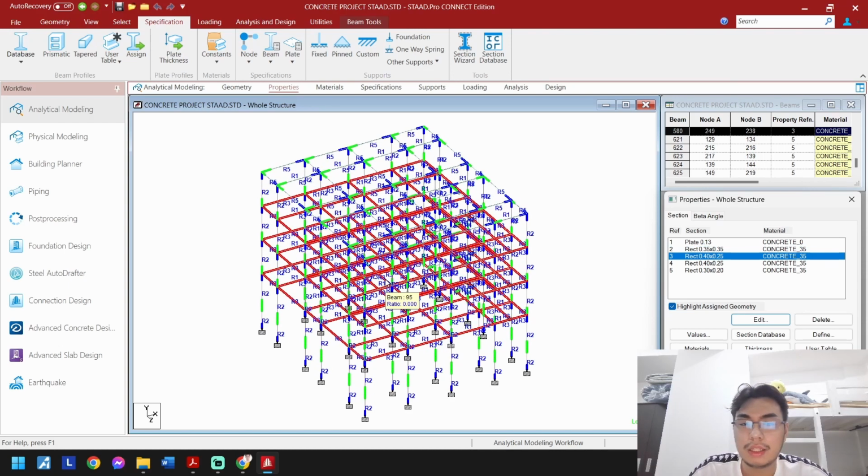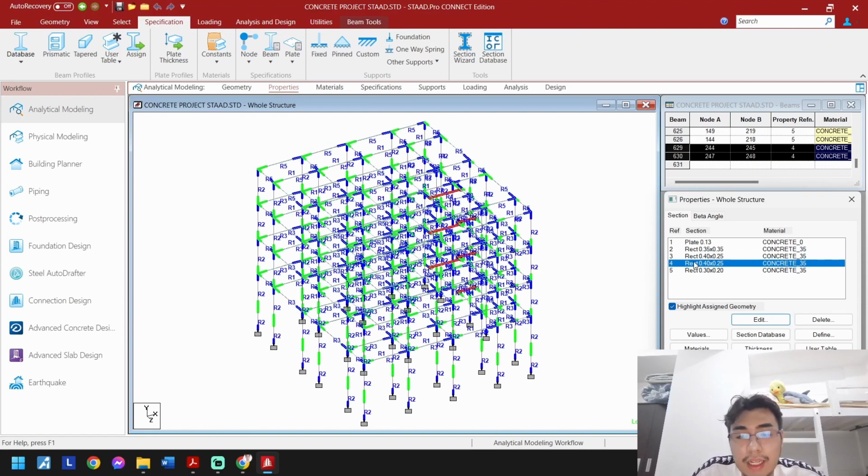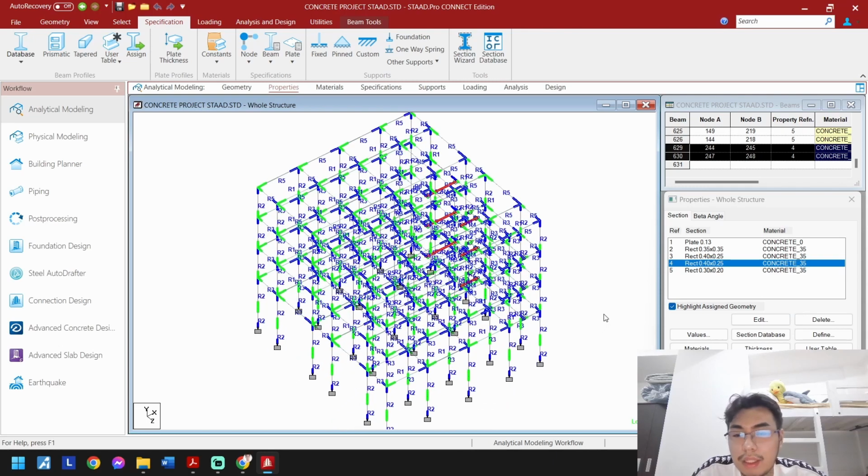The second to fourth floor beams are 250 millimeters by 400 millimeters. Likewise for these stair beams, we have decided to be the same, so we have used 250 millimeters by 400 millimeters.